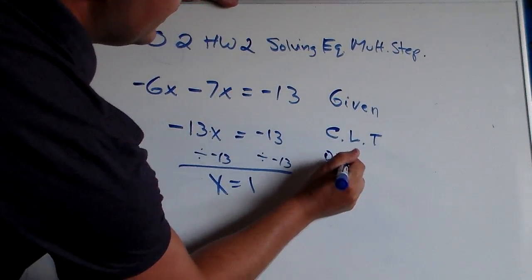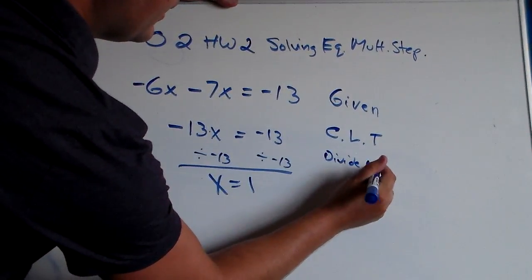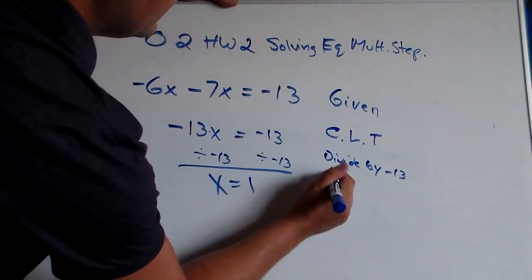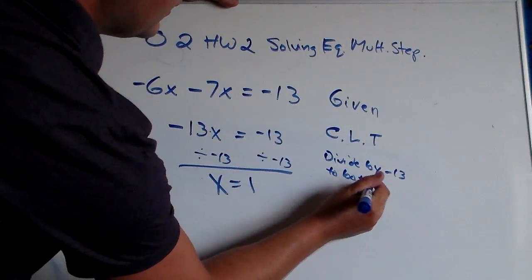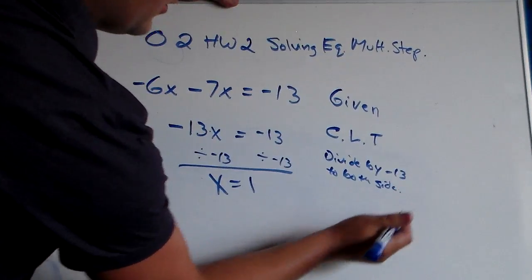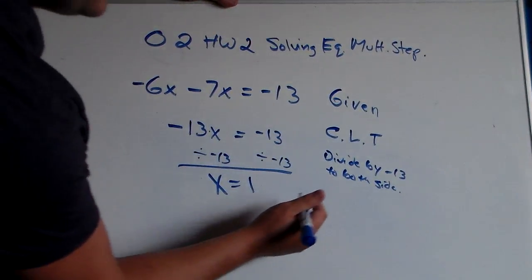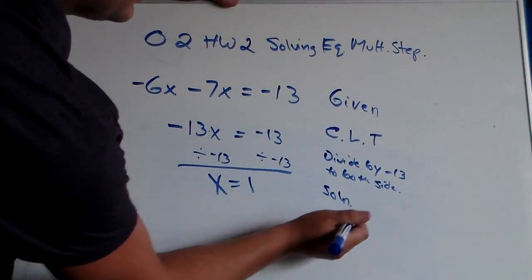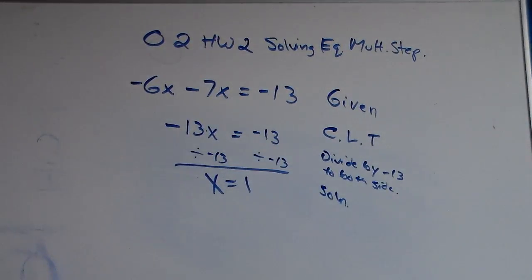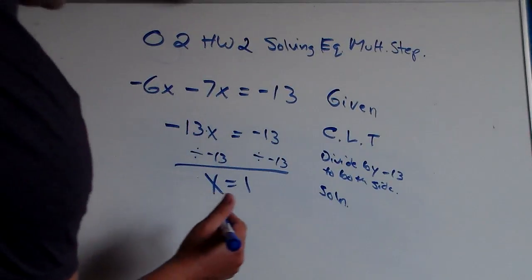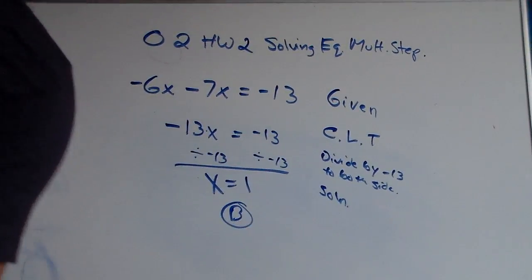So this is divide by negative 13 to both sides of the equation, and x equals 1 is our solution, which is answer choice B for problem number 1. So the answer choice for number 1 is B.